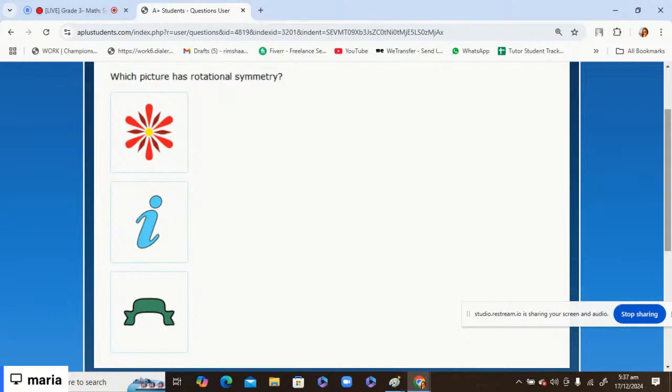Why is it option B? Why is it option B and C? Tell me everyone why it's option B and C. Look at here in option B and look at here in option C.